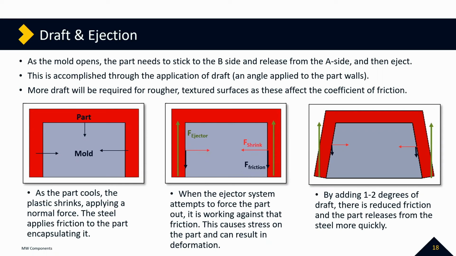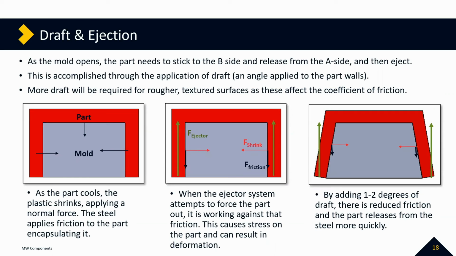You would then be able to back calculate your draft angle from a calculation in which you set your ejector strength equal to or greater than, probably greater than, your friction strength by a factor of like 2 or 3. But yes, rougher textures, etched textures will all really affect what draft angle you require.